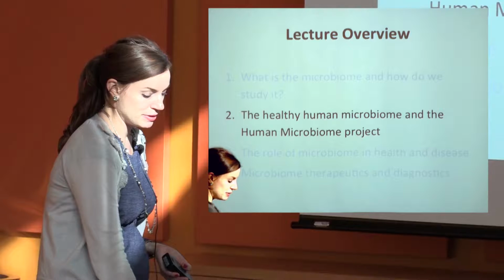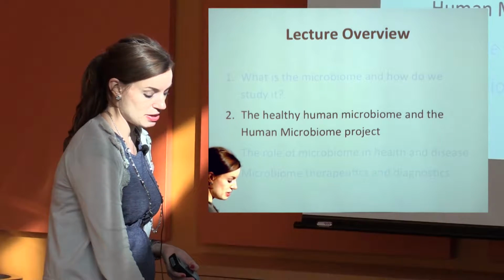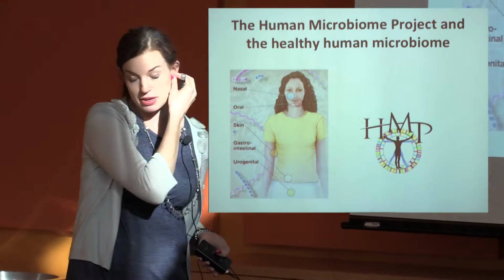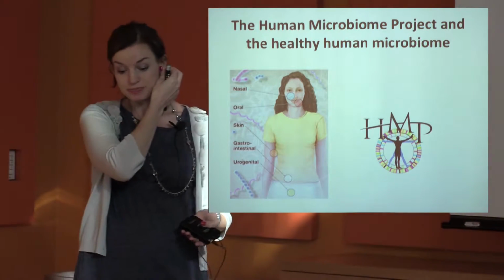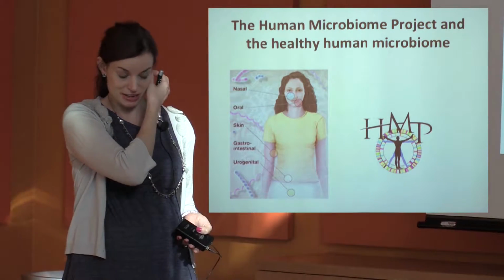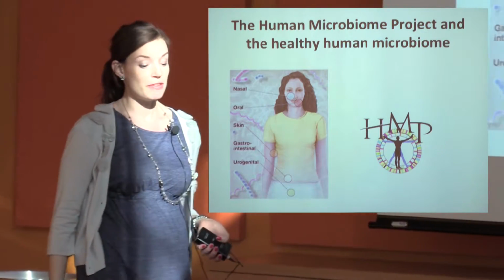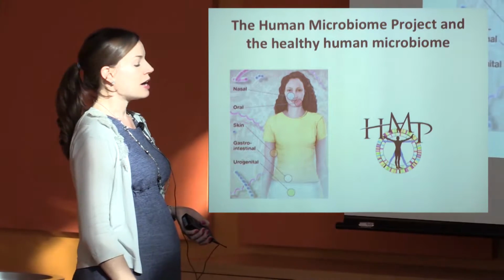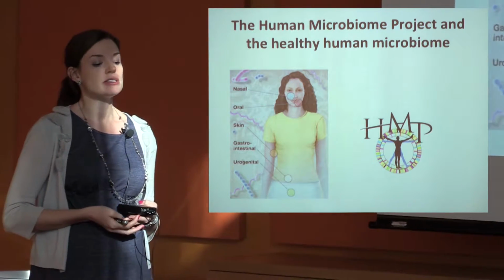So now that we've covered a little of the background and the techniques, I'm going to talk about the Human Microbiome Project, which I was fortunate enough to be involved in when I was at NIH. It's this large NIH effort.